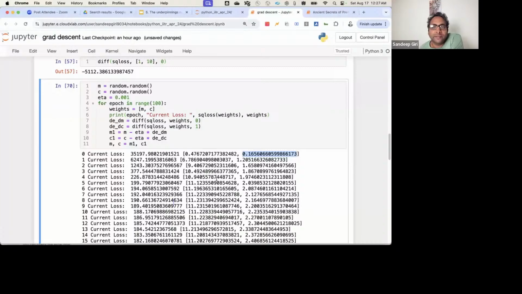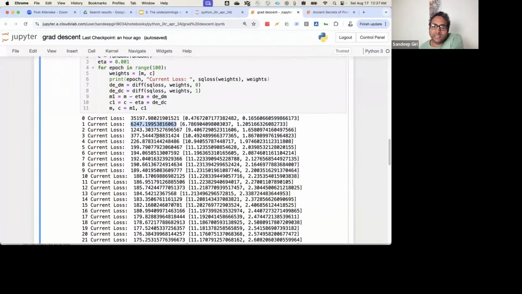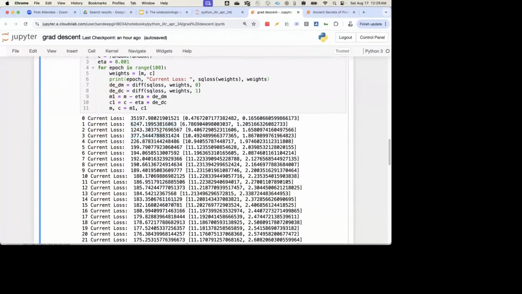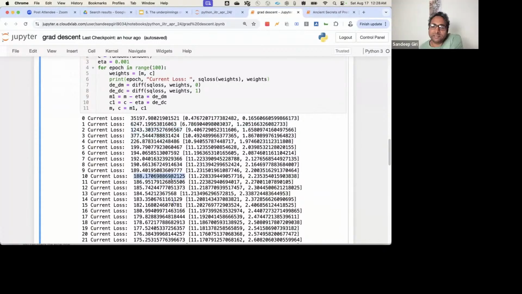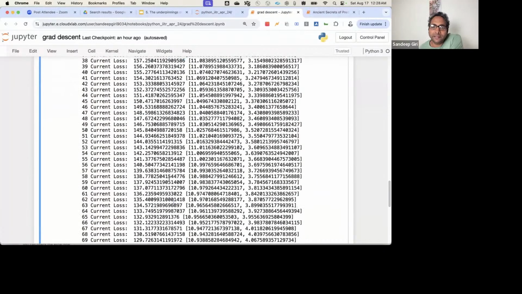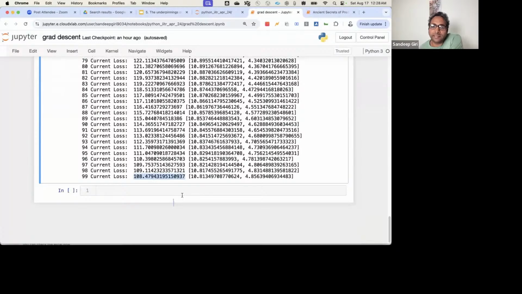Then we calculated the squared loss and got new M and new C, and the error was this much. The next error is 1200, then it reaches 188, and then 108.